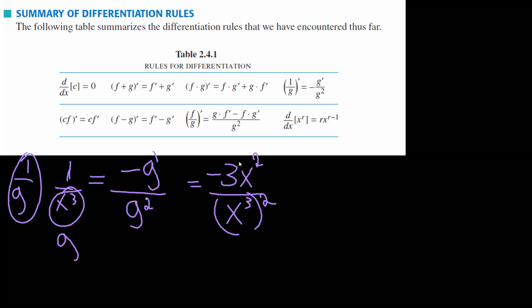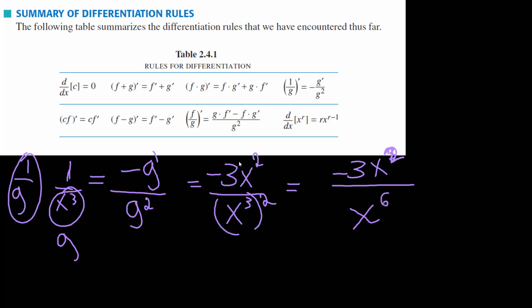Then it is negative 3x squared over x cubed squared. How can you simplify x cubed to the power 2? It is x to the power what? 6.